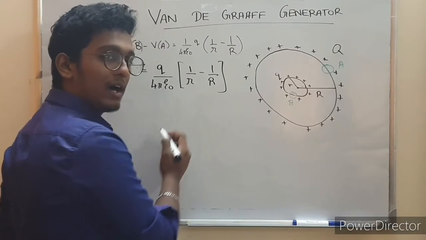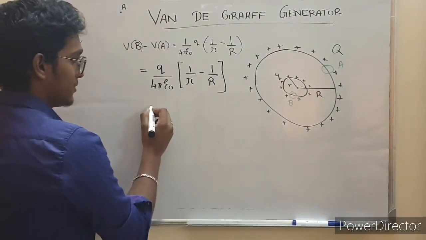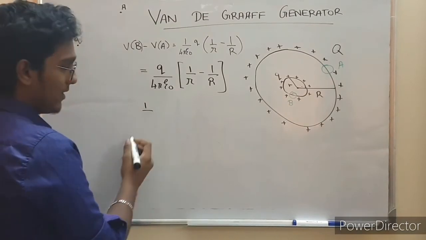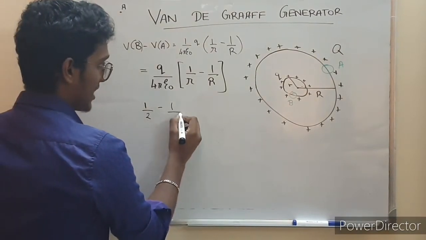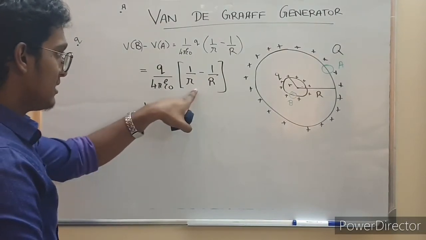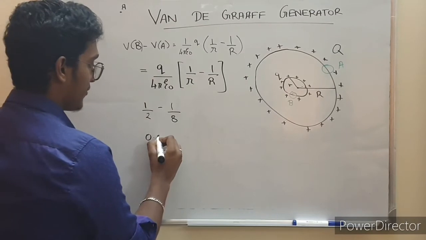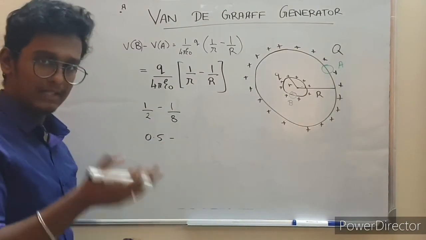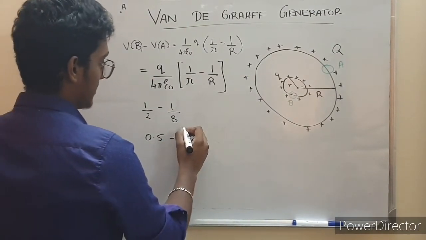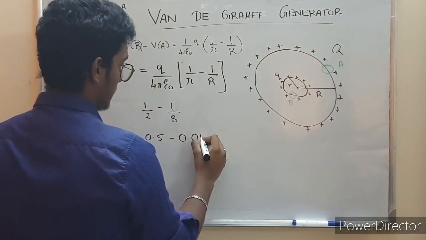We know that small r has a smaller magnitude than capital R. So if you take 1 by 2 minus 1 by 8, that's the condition over here, because small r is smaller than capital R. 1 by 2 is 0.5 and minus 1 by 8, which is less than 0.5.